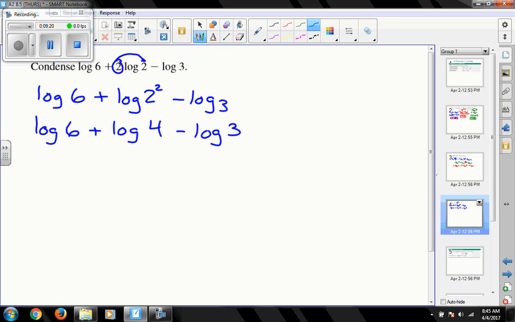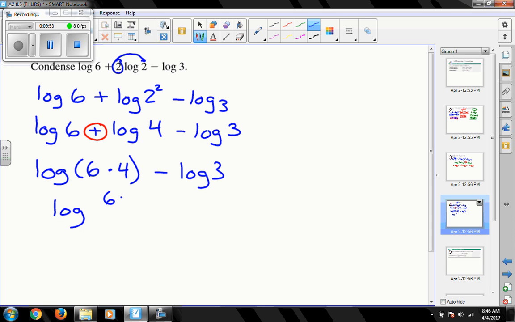log of 3. Now, we've got addition here, which means that we can go ahead and multiply the 6 and the 4. And the subtraction means that we are going to divide. So our expression becomes 6 times 4, log of that, minus log of 3, or we can take log of 6 times 4 over 3.